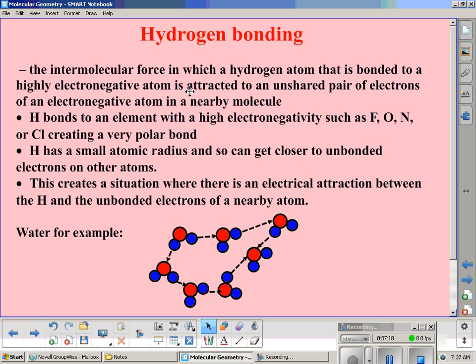But a highly electronegative atom is attracted to an unshared pair of electrons of an electronegative atom in a nearby molecule. Do you remember when we talked about the molecular geometries just a minute ago?